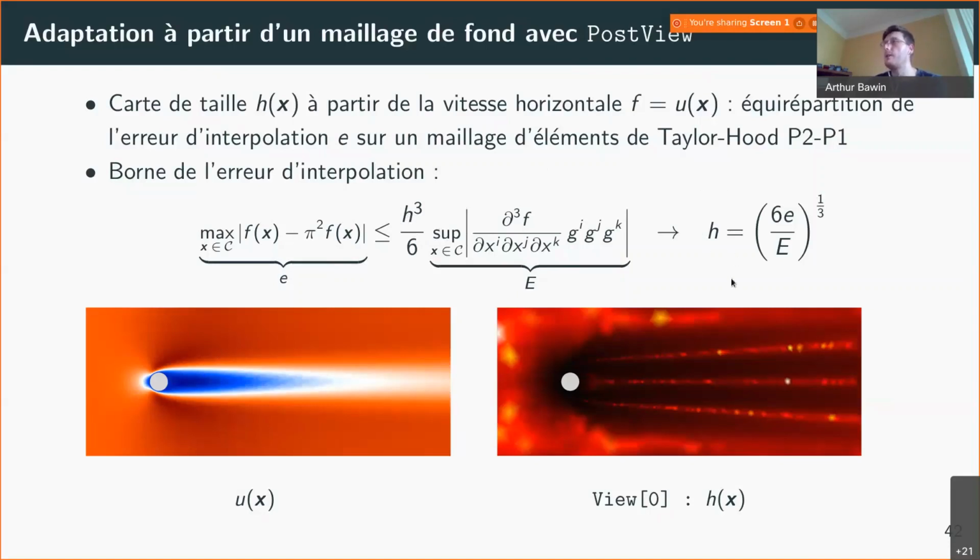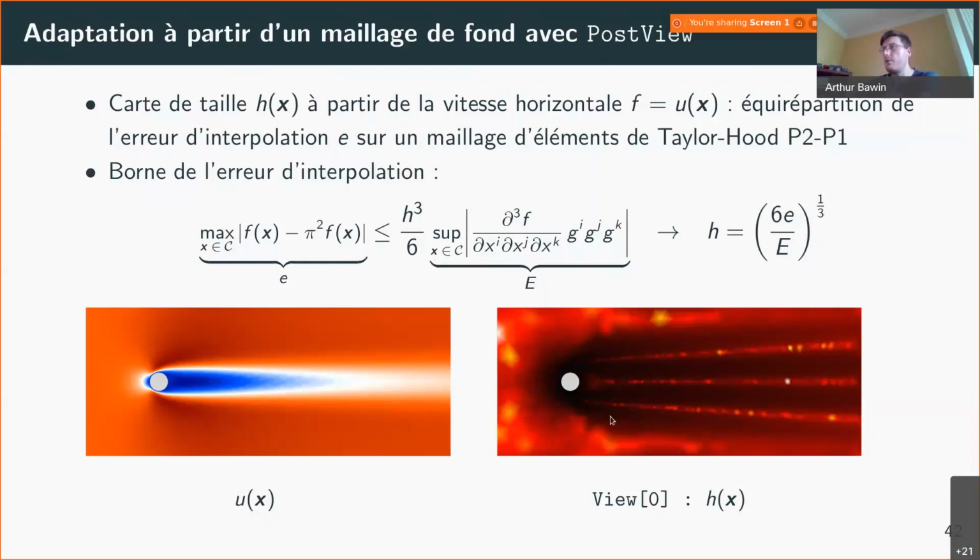So essentially, we're going to have to compute the third order derivatives here. The E here is our target. So we want this error to be the same everywhere on the mesh. And this is computed from the derivatives. And then we have this field in the domain.